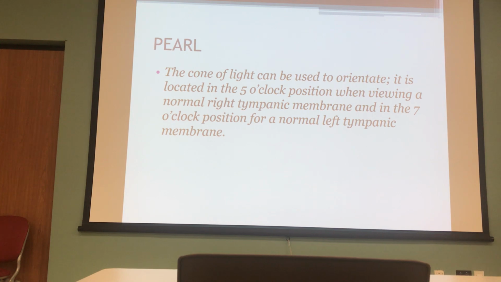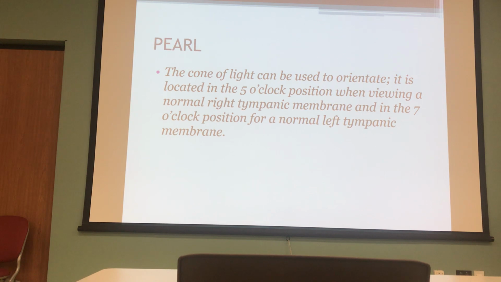Remember, you have to know which eye you're looking at. I mean, the ear you're looking at. So, if you say the cone of light is at 7 o'clock and you're looking at the right ear, you're wrong. We know you're not seeing it. Okay? Know which ear you're looking at. I know you're nervous when you're testing, and you may think your left is your right. So to be on the safe side, just go, I see the cone of light, it's at 5 o'clock. Is this your right ear? Yes, it's my right ear, and it's at 5 o'clock.